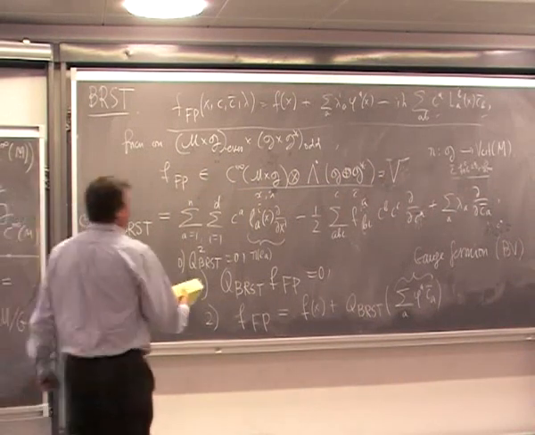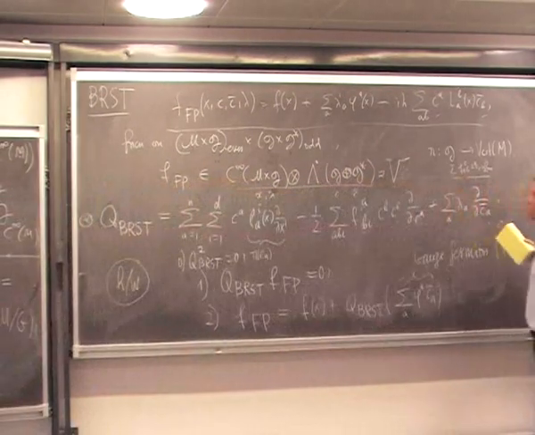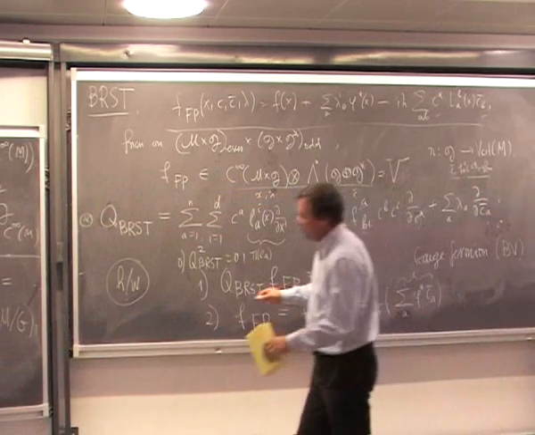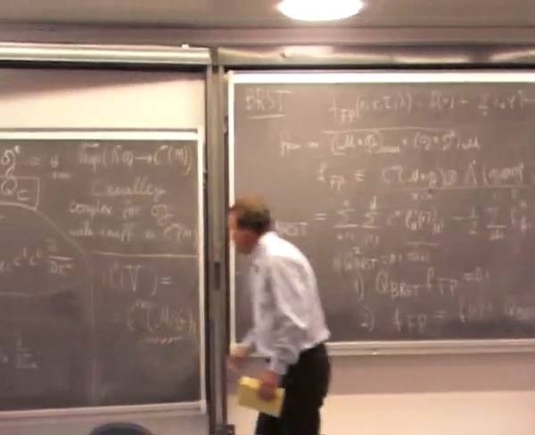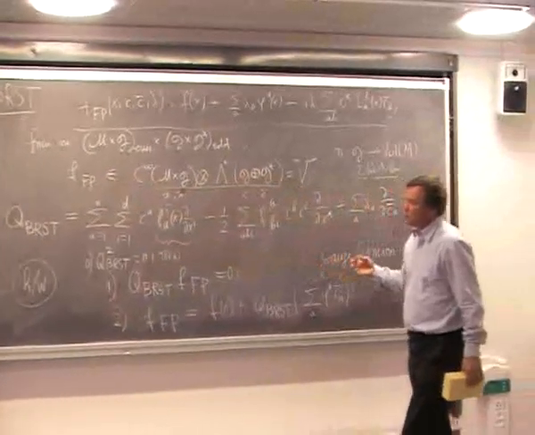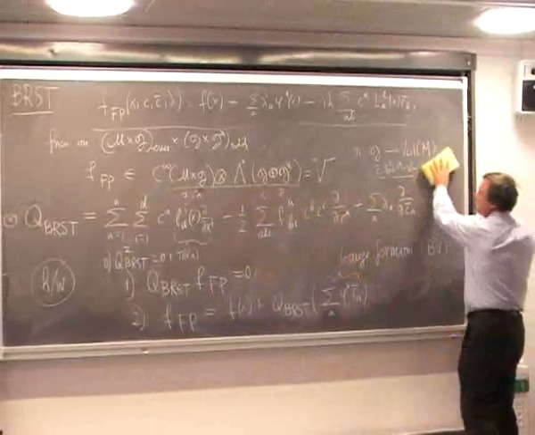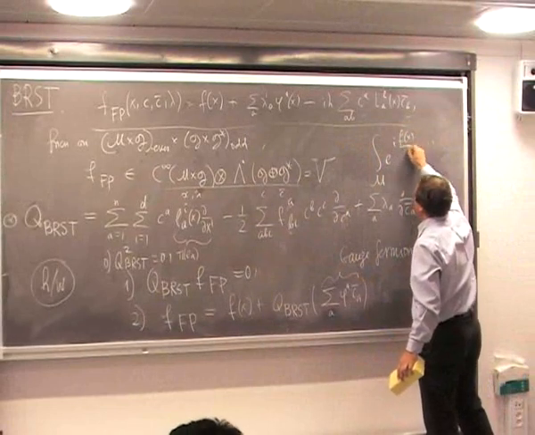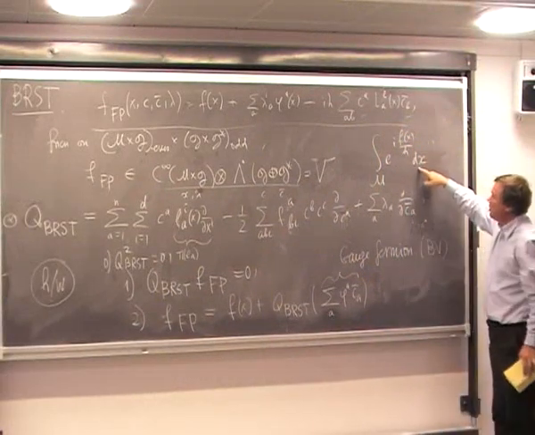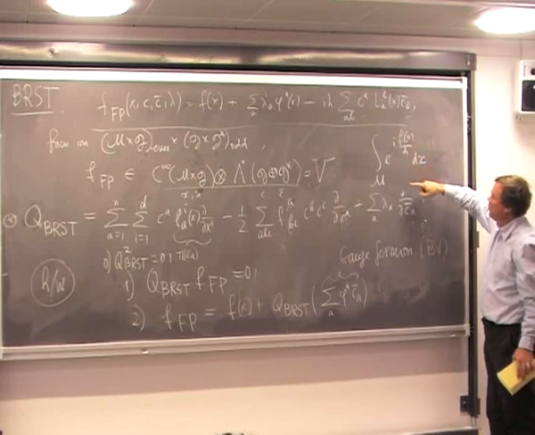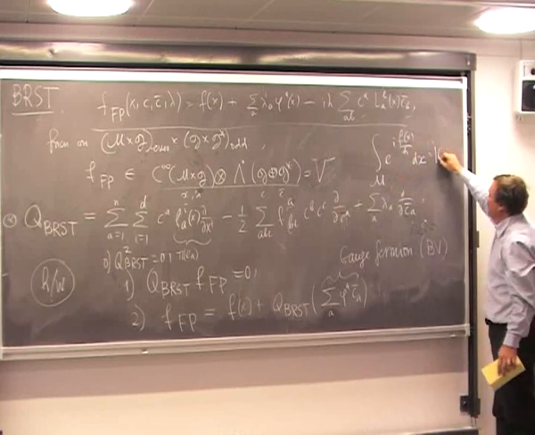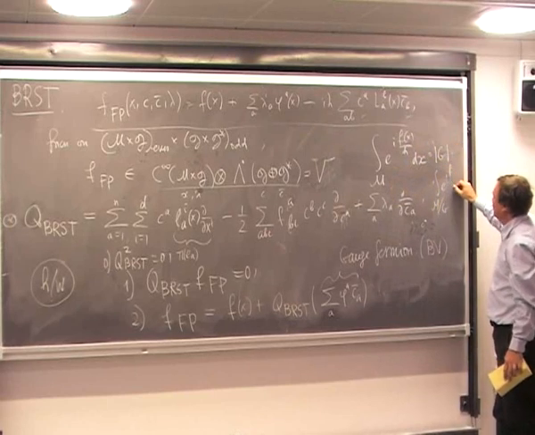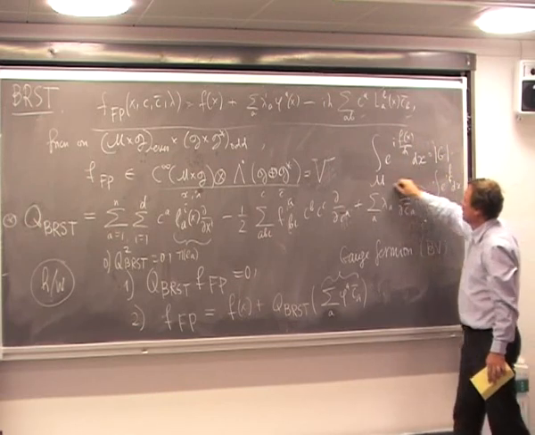Now, how to use this, and what are the conclusions of this construction? Certainly we see that the space that is most relevant to the integral in question, and remember that the whole discussion is about the integral over M of e to the i f of x over h dx. dx is G invariant, f is G invariant, G acts on M, so this is equal to the volume of G times the integral over M over G of e to the i f over h dx.